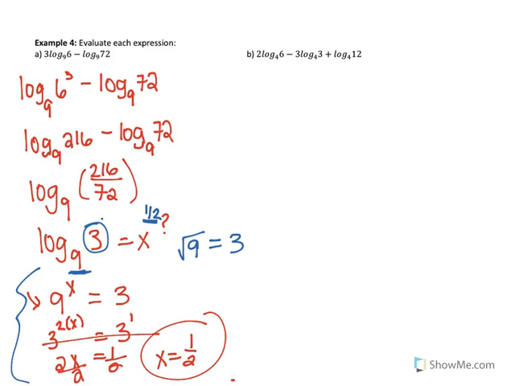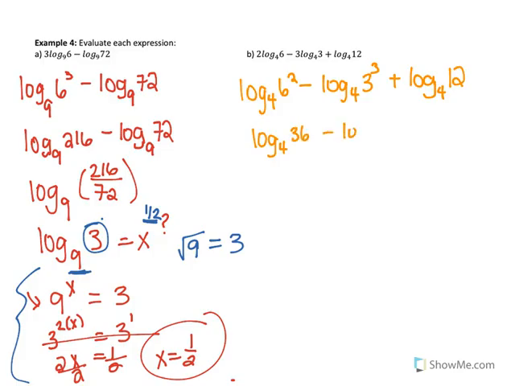Okay, next one. We're going to go log base 4 of 6 squared minus log base 4 of 3 cubed plus log base 4 of 12. So we have log base 4 of 36 minus log base 4 of 27, plus log base 4 of 12. So we're going to rewrite this as one singular logarithm.